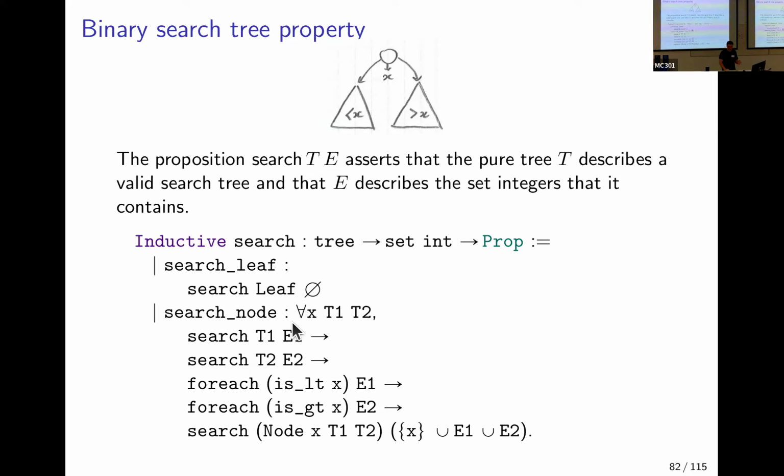Leaf contains nothing. And if T1, T2 are search trees for sets E1 and E2, and X is bigger than all of the things in E1 and smaller than everything in E2, then node X T1 T2 represents the set {X} ∪ E1 ∪ E2.